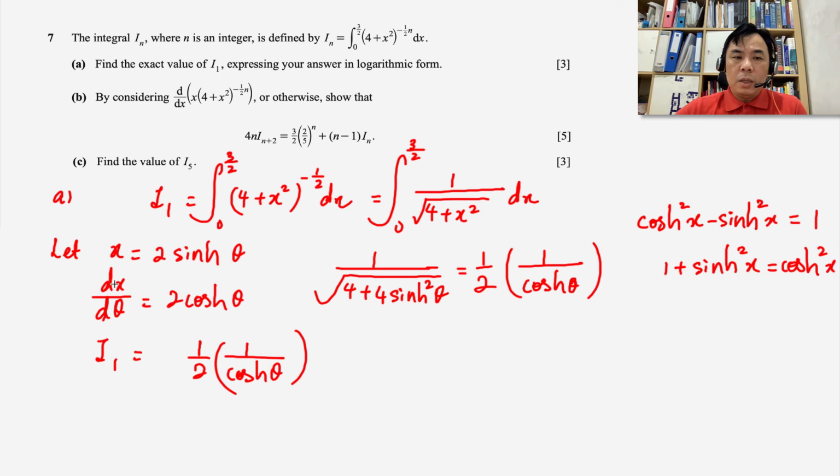We notice that dx is 2 times cosh theta d theta. Here I'm going to leave out the lower and upper boundary first. You will notice that everything can be cancelled off, and at the end we have just a 1. Integrating a 1 is just theta.